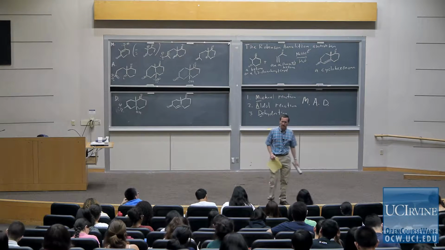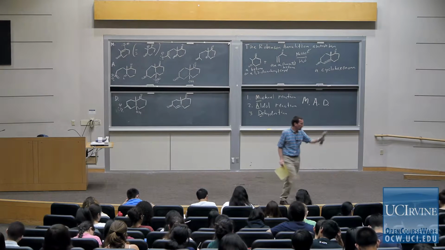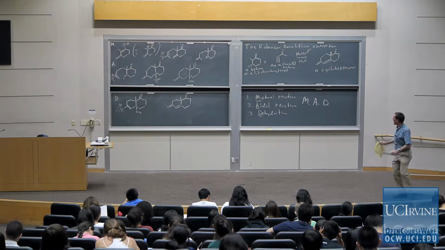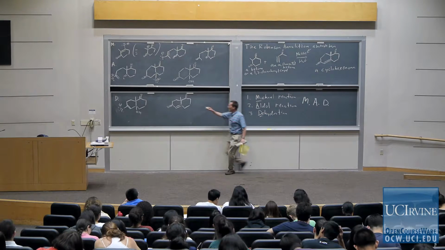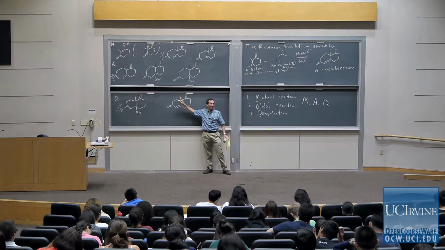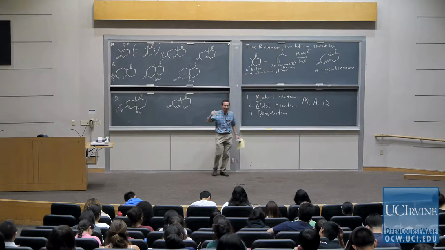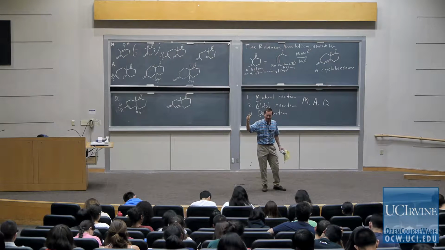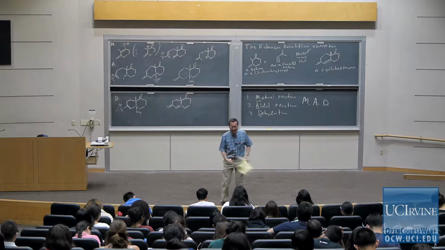Thoughts or questions at this point? Great question. What's our stereochemistry? This compound is chiral here. What do we get? One enantiomer, the other enantiomer, the R, the S. Both of them.